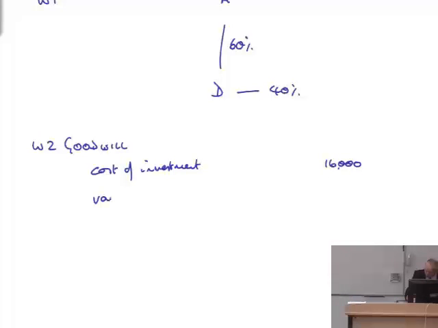The value of the NCI investment, we don't know until we know what the net assets were. I do know they have a value, but I don't know what it is until I work out the net assets at date of acquisition.